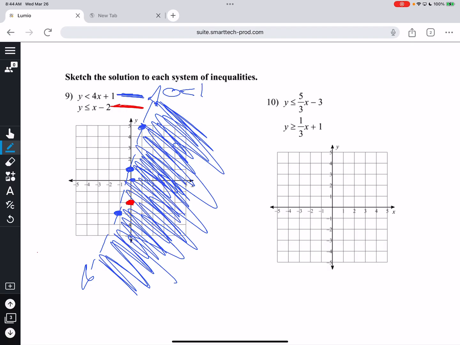Okay, so how do I graph my slope? You start at B. Then you go up 1, to the right 1. Down 1, to the left 1. Is this going to be solid or dotted? Solid.